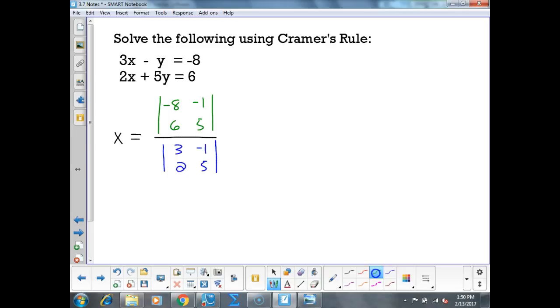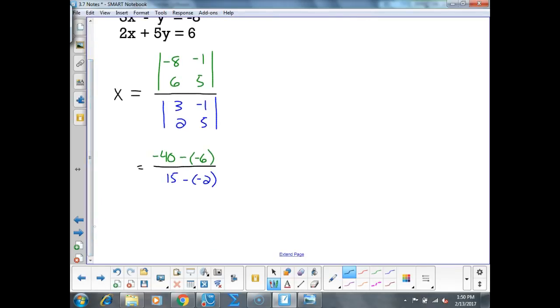So now this becomes -40 minus -6 over 15 minus -2. -40 minus -6 is -34. 15 minus -2 is 17. -34 divided by 17 is -2.